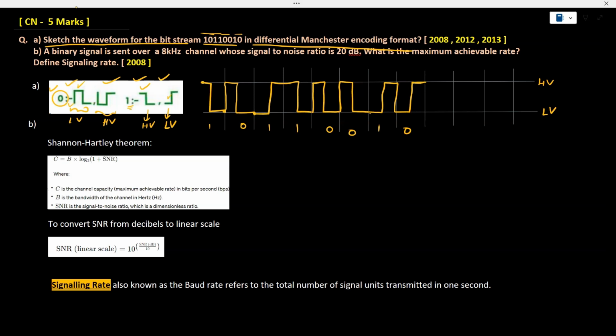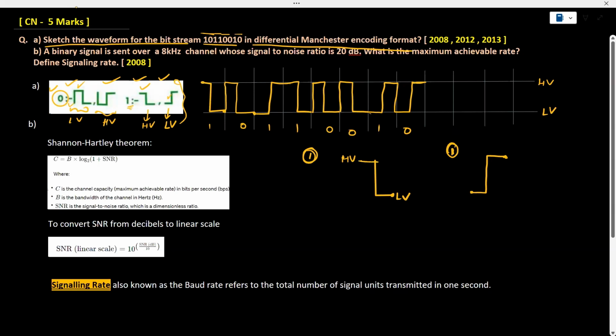Basically, if we look at these transitions, what is happening? Whenever we come across a value 1 and we are at a higher voltage, we make a transition and come down to a lower voltage. If the bit value is 1 and we are at a lower voltage, we make a transition and go up to a higher voltage.